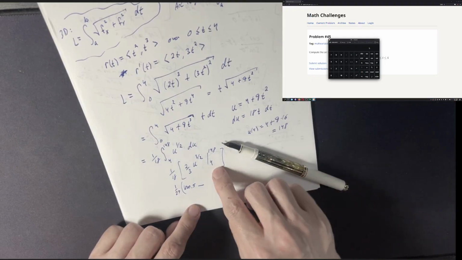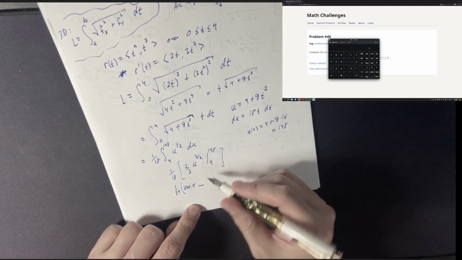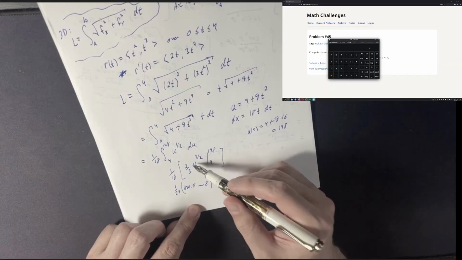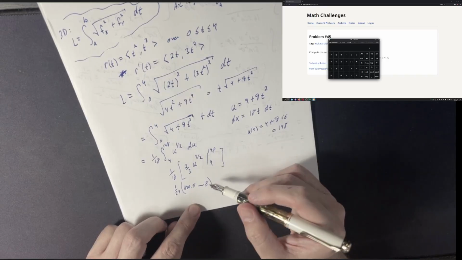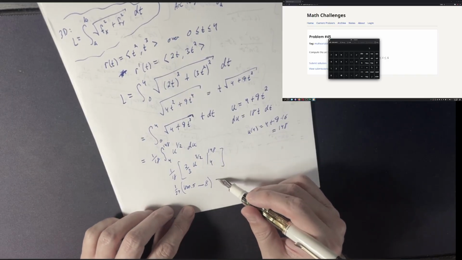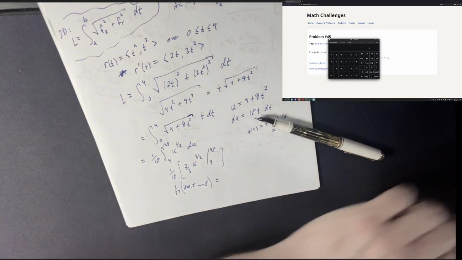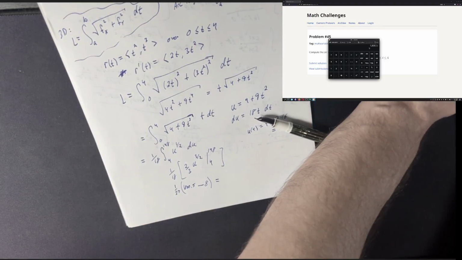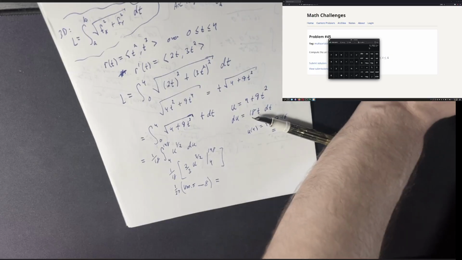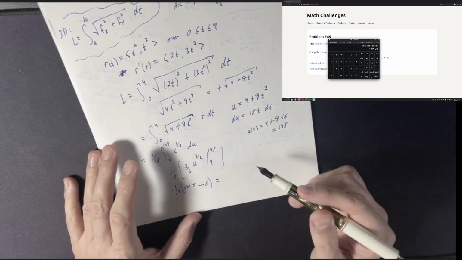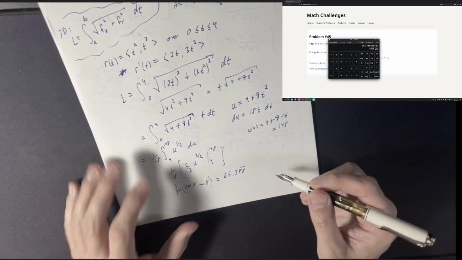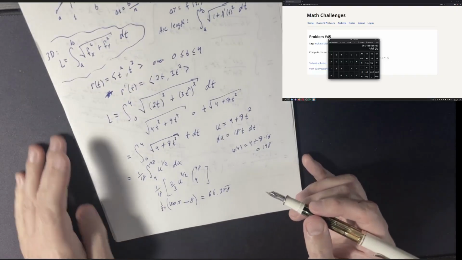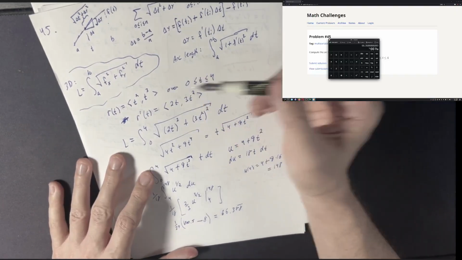And if you plug 4 in, you're getting 8, because the square root of 4 is 2, and then you take 2 cubed is 8. So this is the answer that I get: 66 and 7/18, about 66.388 as an arc length for this function from 0 to 4.